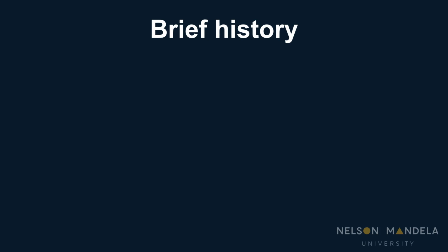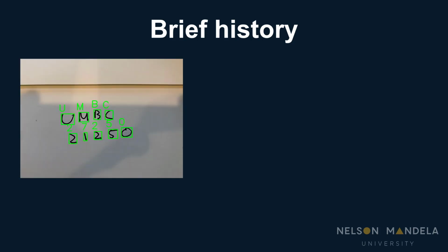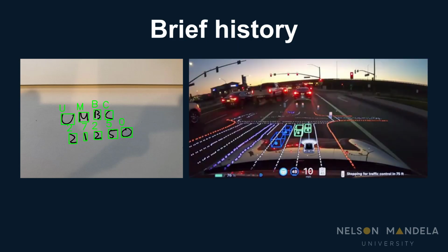Computer vision began as a stepping stone into artificial intelligence around 1960, with the first systems being able to differentiate letters of the alphabet. A mere 61 years later, and the challenge of the self-driving car is being solved by Tesla using computer vision as the core technology of their full self-driving system.